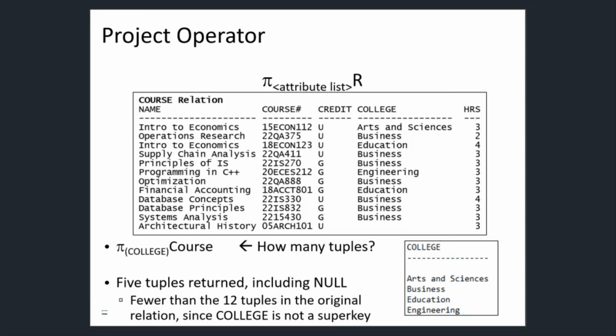It does include our null for the architectural history course, so it does return null rows. However, it does not return duplicates such as those for the business, education, and engineering courses.